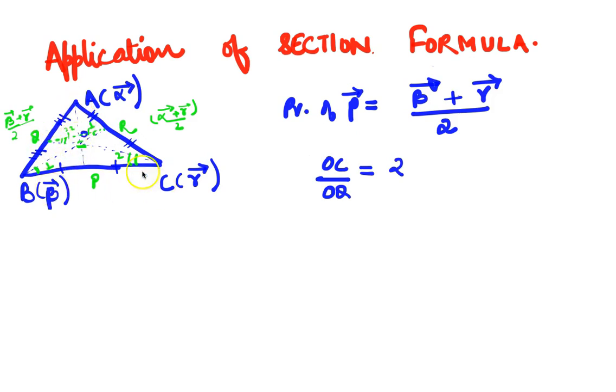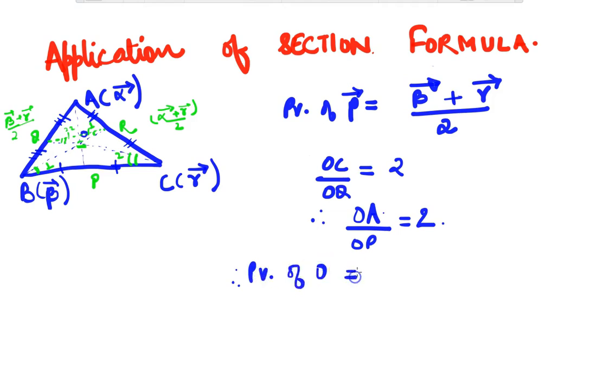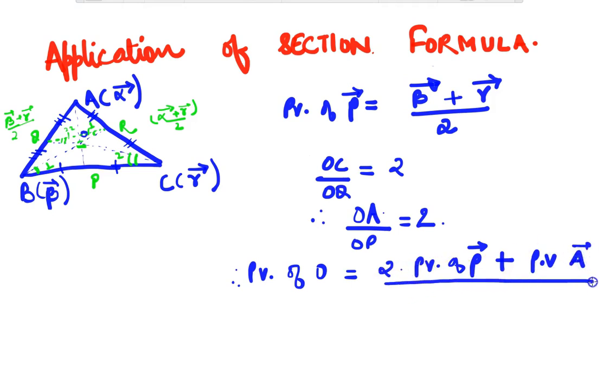Since all of these triangles are similar, we can safely say this also means OA by OP is equal to 2. And therefore, the position vector of O is equal to 2 times the position vector of P plus the position vector of A, upon 2 plus 1.